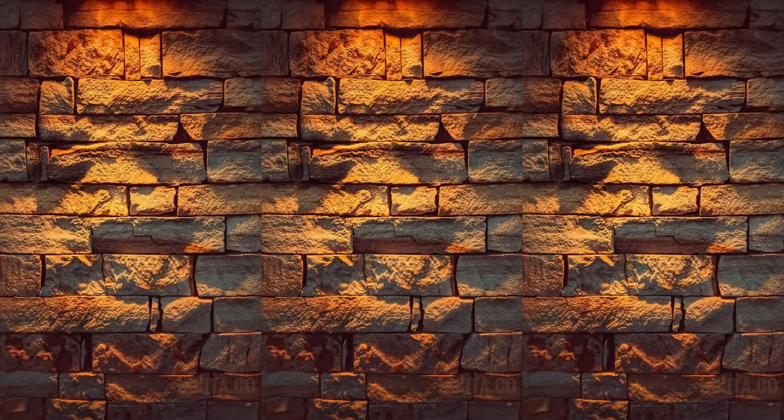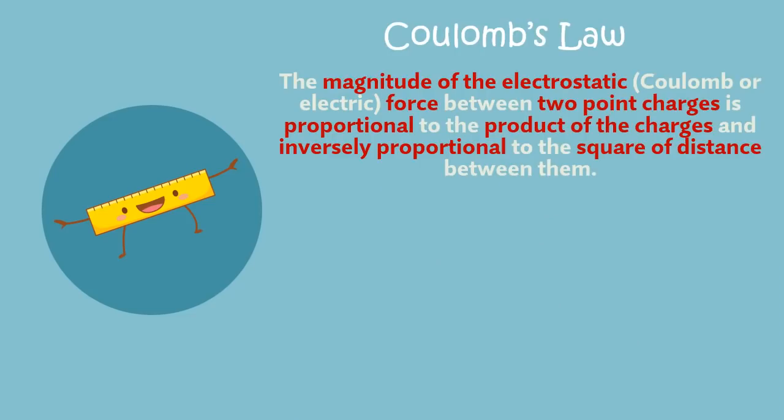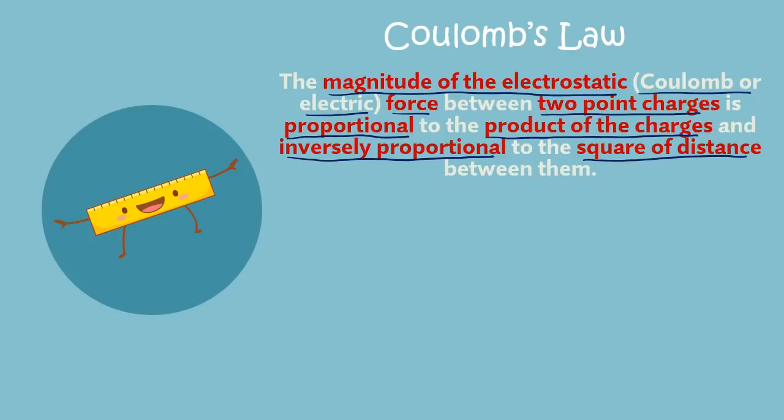Now we are going to the first subtopic of this chapter, which is electrostatic force, Coulomb's law. So what is Coulomb's law? The magnitude of the electrostatic force, also known as Coulomb or electric force, between 2 point charges is proportional to the product of the charges and inversely proportional to the square of the distance between them.